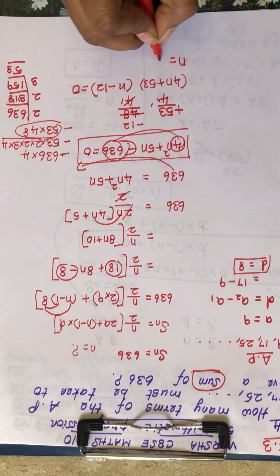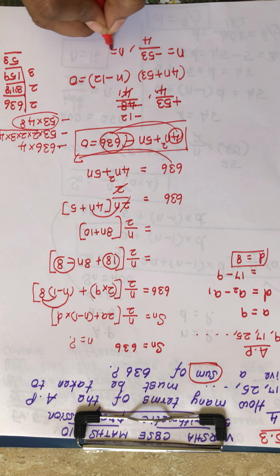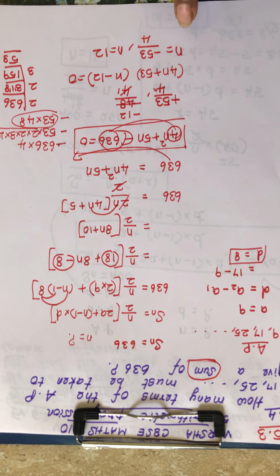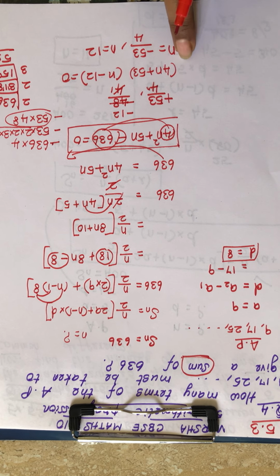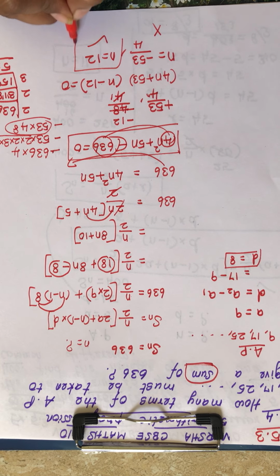So n is equal to minus 53 by 4 and n is equal to 12. n is the number of terms, so it cannot be a fraction; that is wrong. So n is equal to 12.